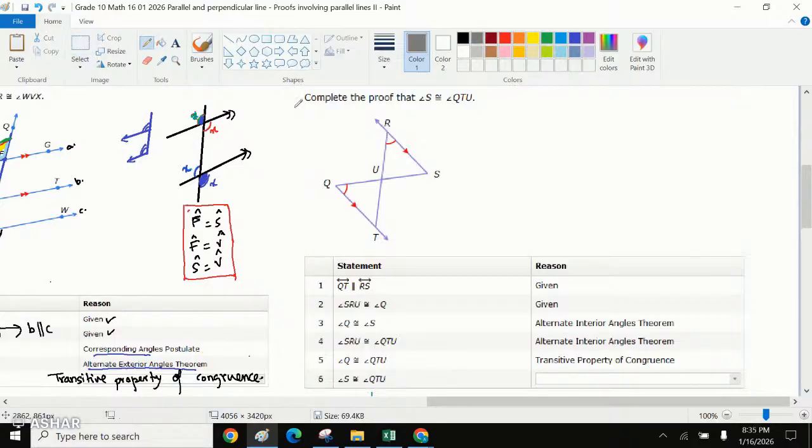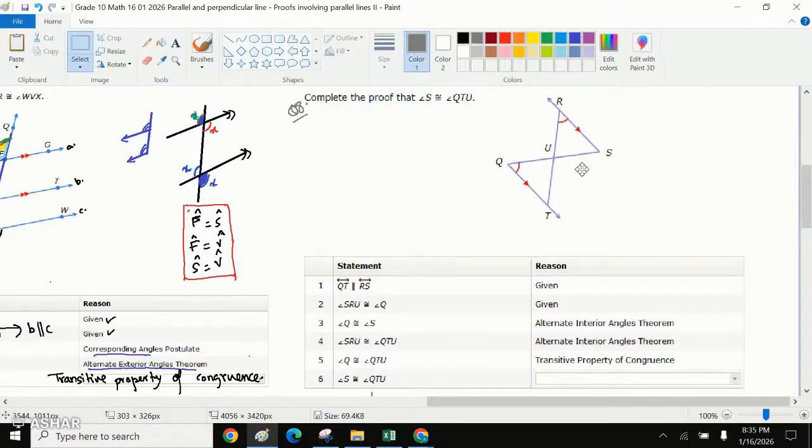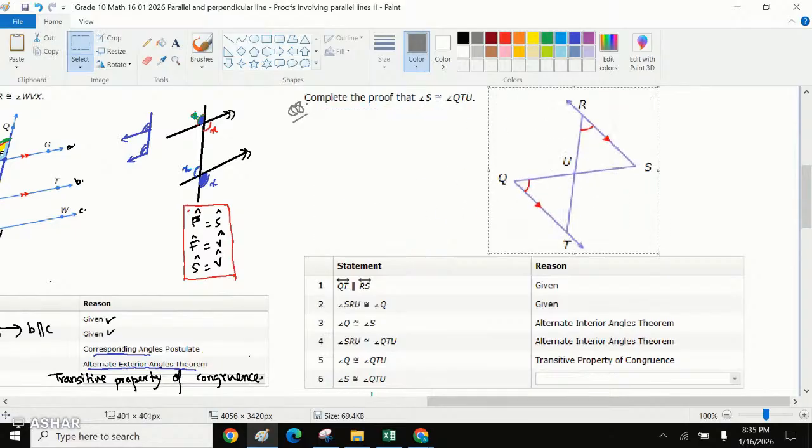Okay, this is question number 8, and they're saying let's complete the proof for this given question. We have one pair of parallel lines in this. Okay, they're saying QT and RS are parallel. Can we see? Yes, we can see QT and RS are a set of parallel lines.